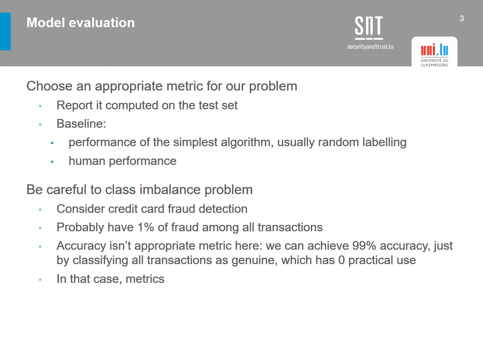If we report some accuracy, we only report the one that the model achieved on the test set, because this is the final one. Also, we can compare the model performance with a baseline. A baseline is a point of comparison which can be the performance of the simplest algorithm that we can think of, or it can be a comparison with random labeling as well.